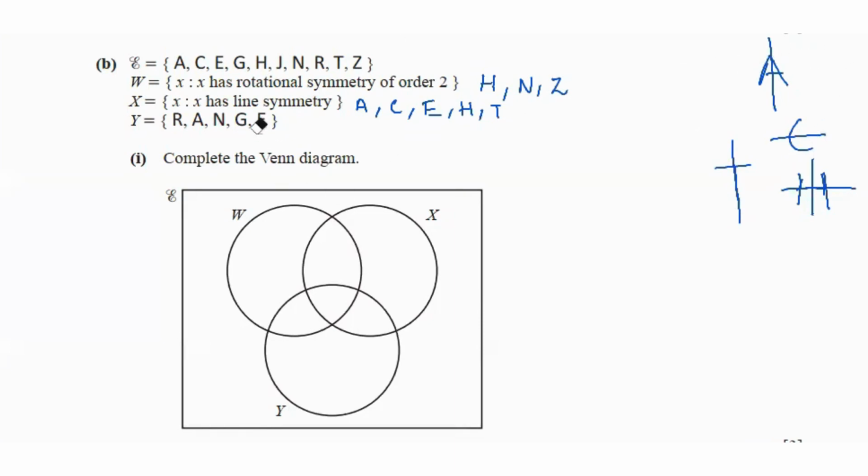So this is how you determine where the line of symmetry lies and the rotational symmetry of order.